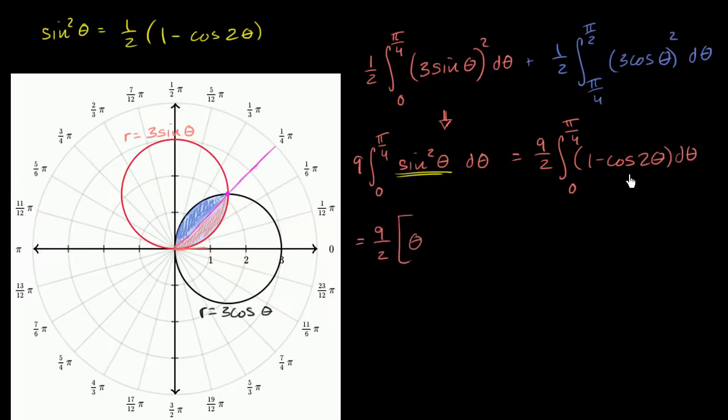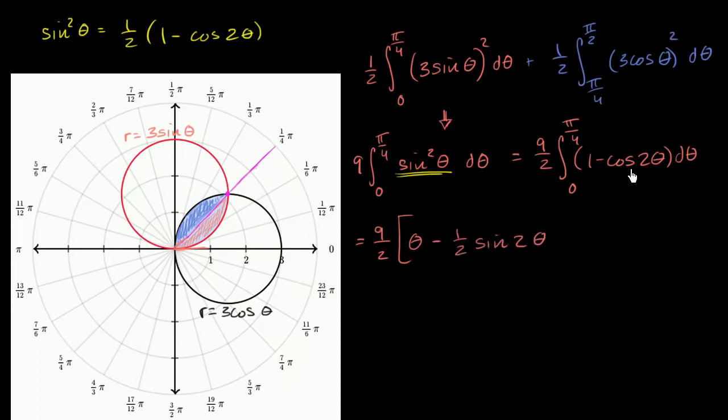And cosine 2 theta, it's going to be negative sine of 2 theta over 2. Did I do that? Actually, so this is negative 1/2 sine of 2 theta.